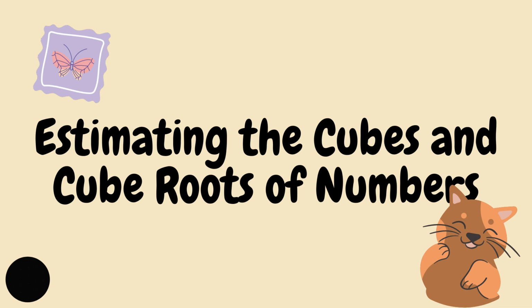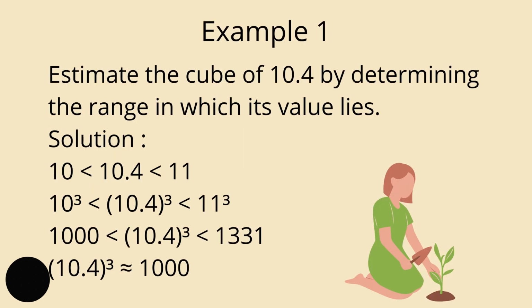Next, let's learn how to estimate the cubes and cube roots of numbers. Let's look at example 1. Estimate the cube of 10.4 by determining the range in which its value lies. So the solution is we find the nearest numbers for 10.4, which are 10 and 11.